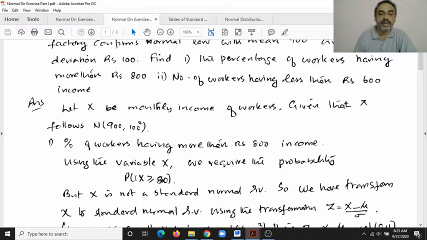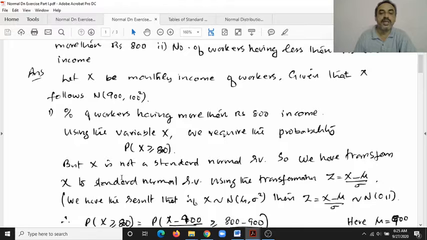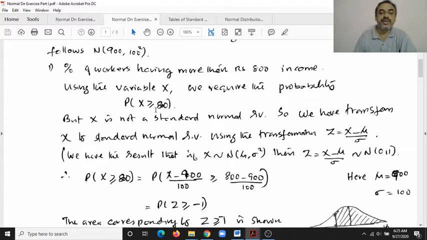Therefore, we need the probability of x greater than or equal to 800, that is, a randomly chosen worker has income more than 800 rupees. After getting this probability, we can express it as a percentage.